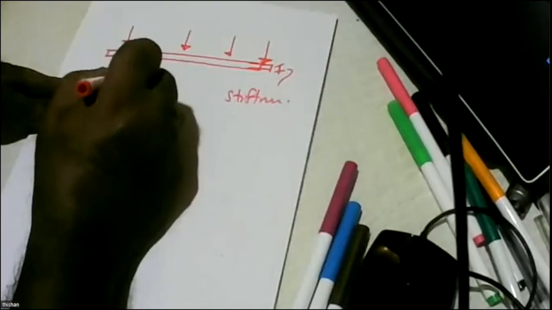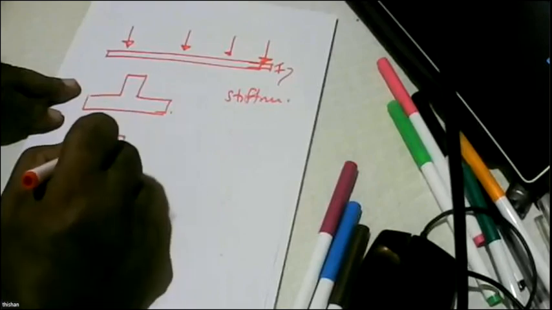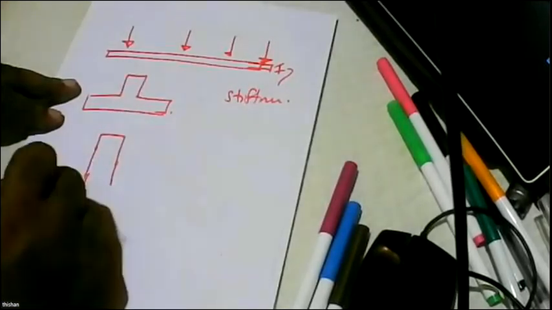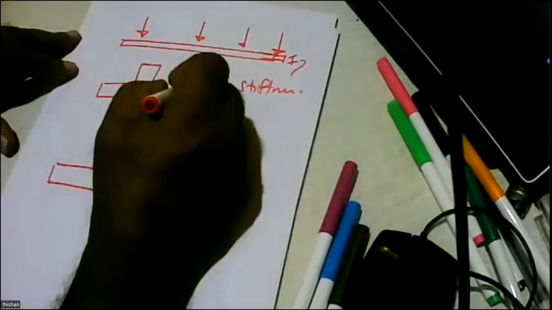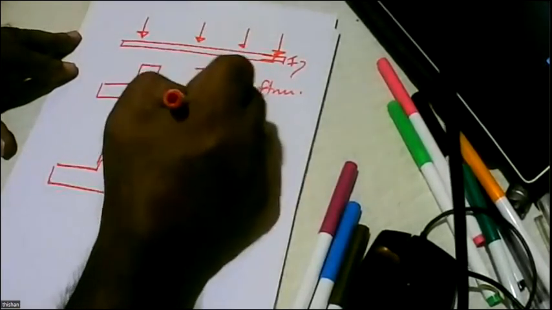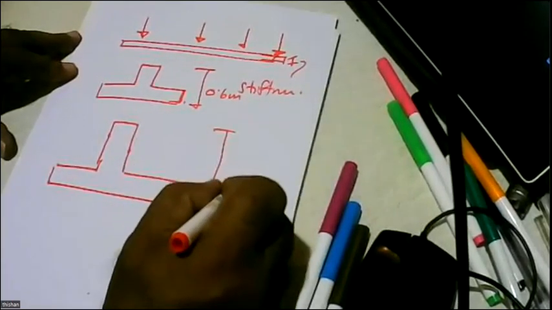For example, we can have two types of inverted T's. One is like this, the other one is like this. So these bases may be the same, but this may be about 0.6 meters, this may be about 1.2 meters.